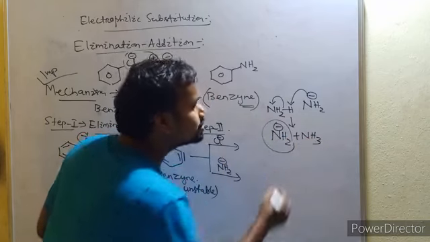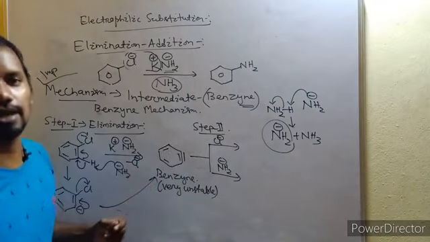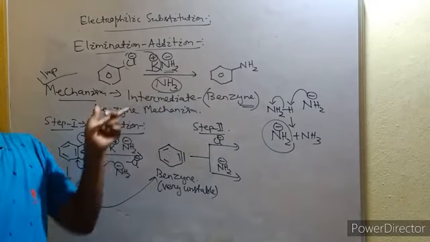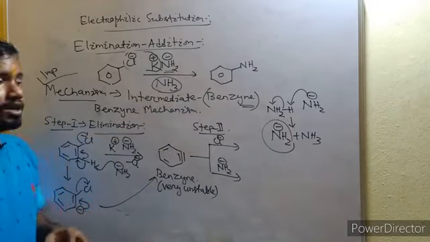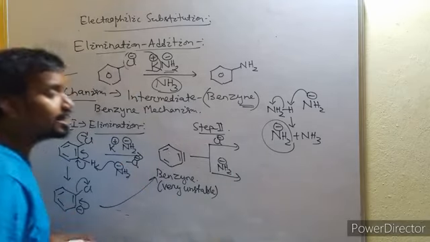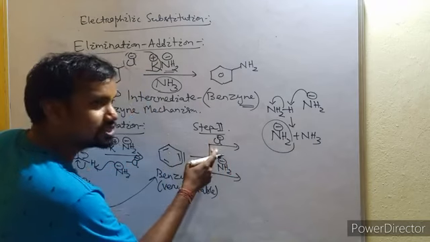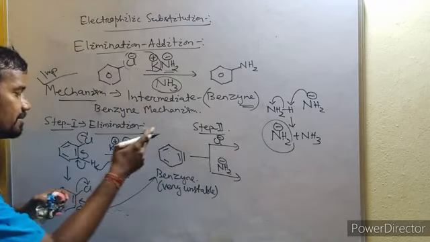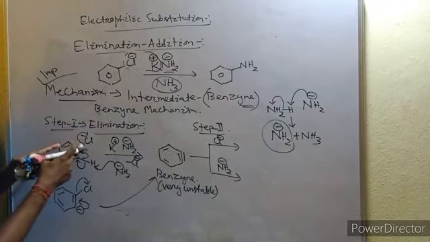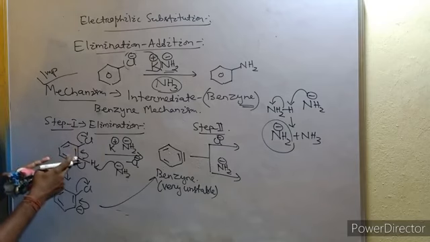So your NH2 minus is plentifully available due to the presence of solvent NH3. Clear? If this is so, then which is more? The NH2 minus is more. Which is less? The Cl minus is less, because Cl minus you are getting only from the reactant.